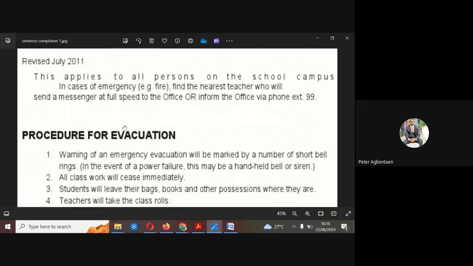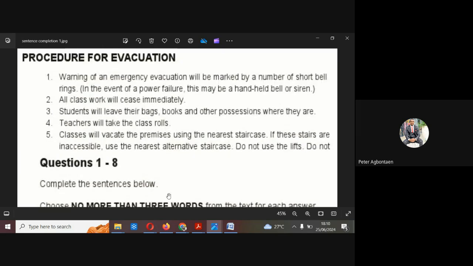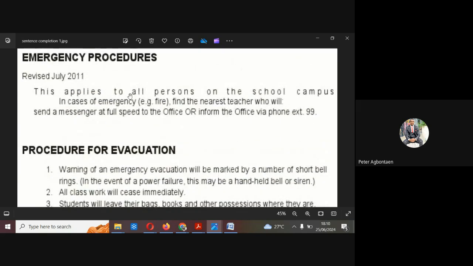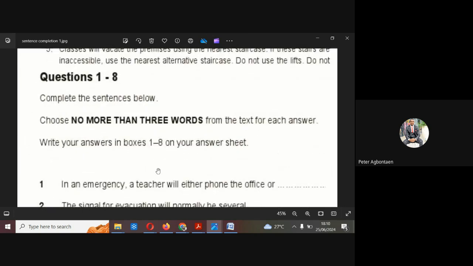Now you will agree with me that it is in an emergency that we got here. That's in cases of emergency. Let's go back. Say fire: find the nearest teacher. The teacher that you can see here is the same teacher that we saw earlier in the question.